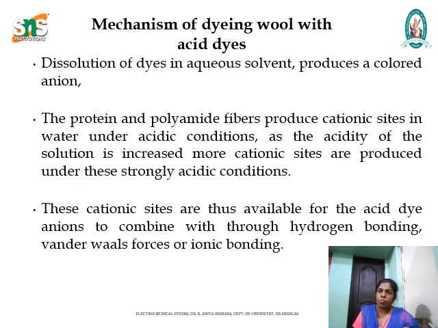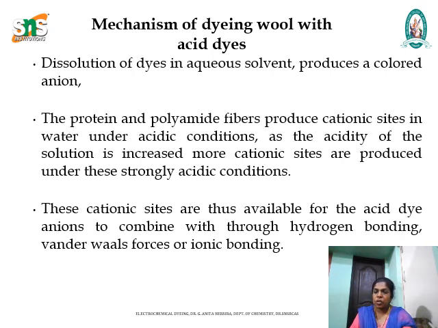Our aim is to form a dye-fiber interaction, which is facilitated by the production of cationic sites in the polyamide fiber. So the acid dye can fix with the cationic sites very easily under strongly acidic conditions.